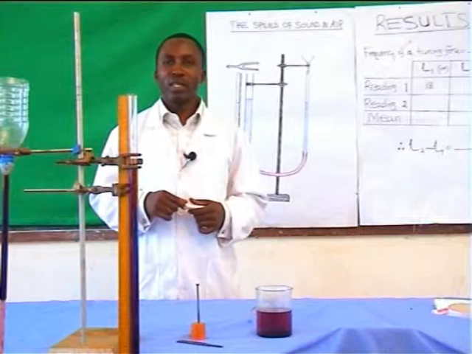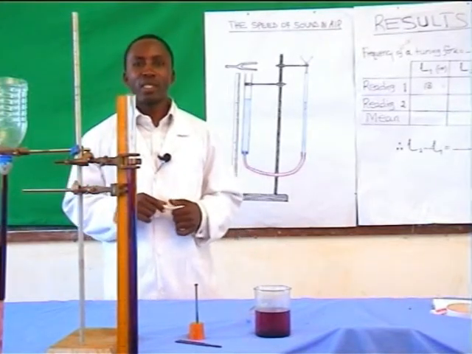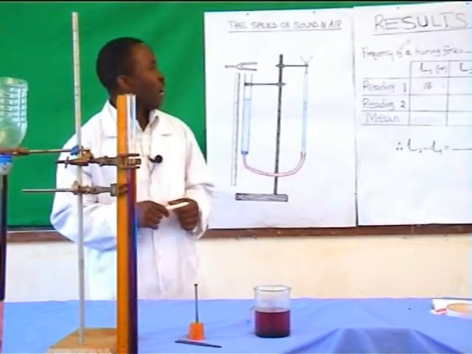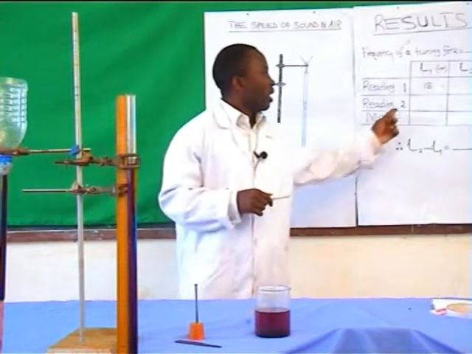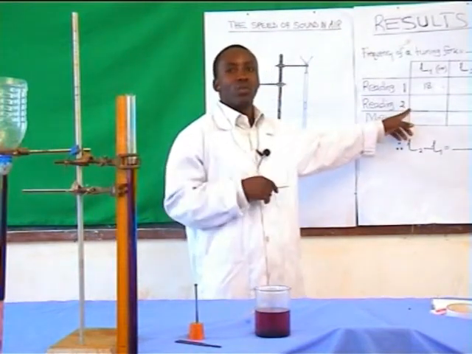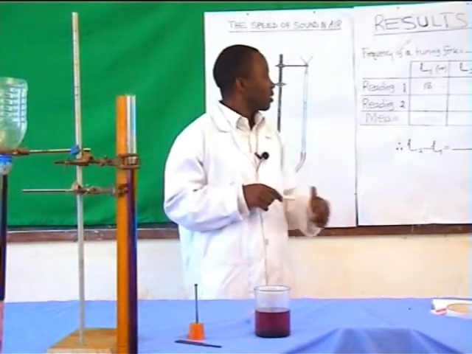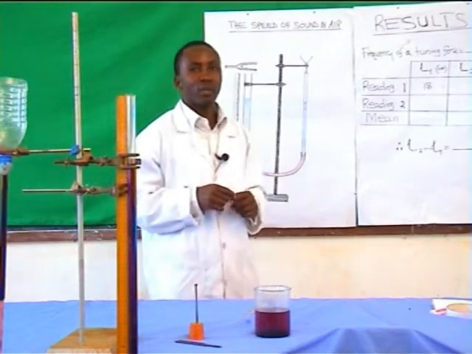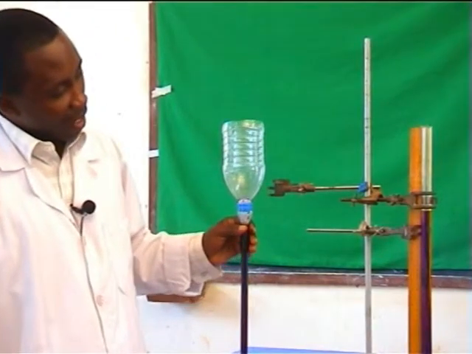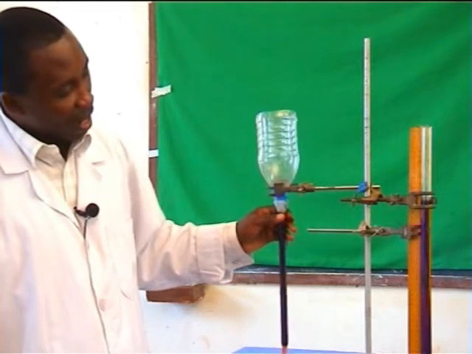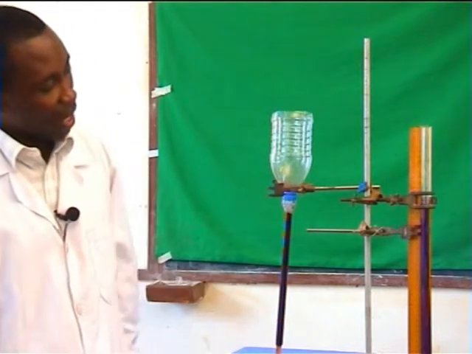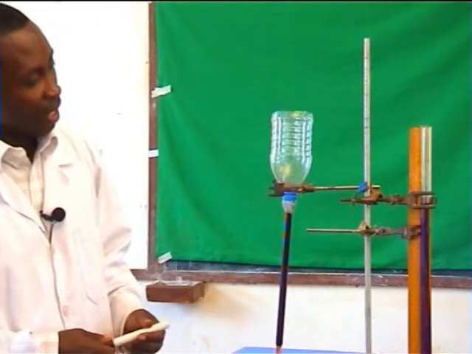After having the first reading, repeat for the first resonance and then record. Then find the mean of the two so as to minimize the error. For the second time, the resonance appears to be at 17 centimeters above the water level.